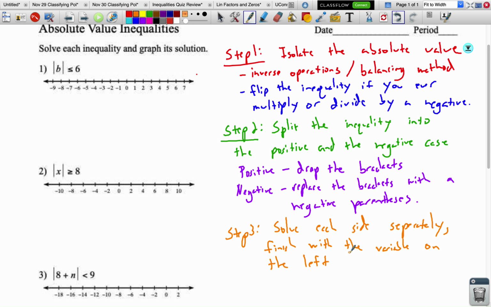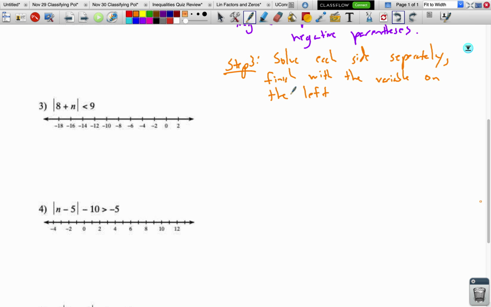If it's not on the left, then flip the entire inequality to get the variable onto the left. And again, we need to remember this rule I wrote up here. Flip the inequality if you ever multiply or divide by a negative. That's guaranteed to happen in one of the two cases, either the positive case or the negative case. All right, but we're not done yet, because this will just solve it. We need to solve and graph.